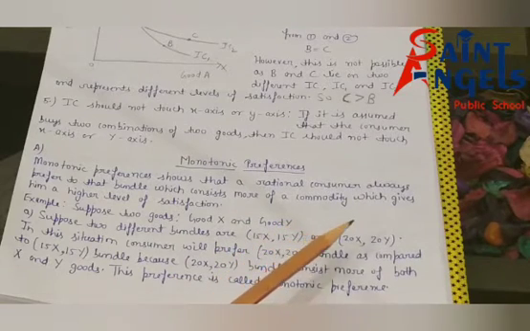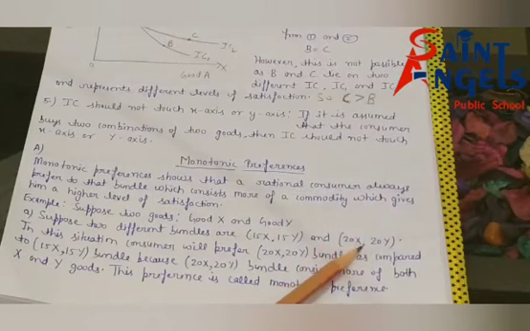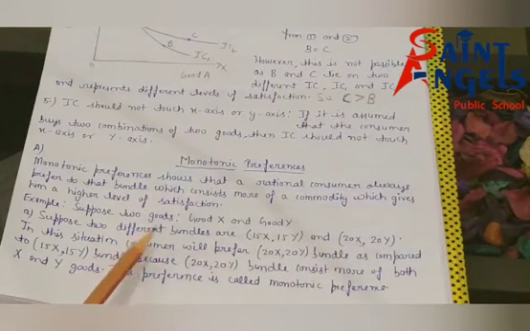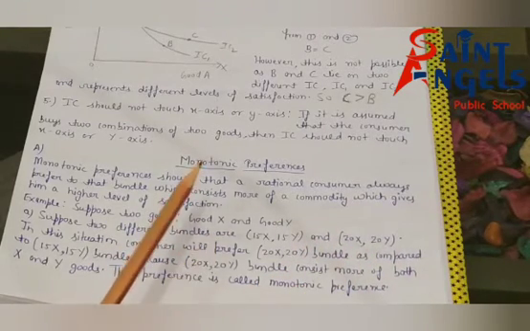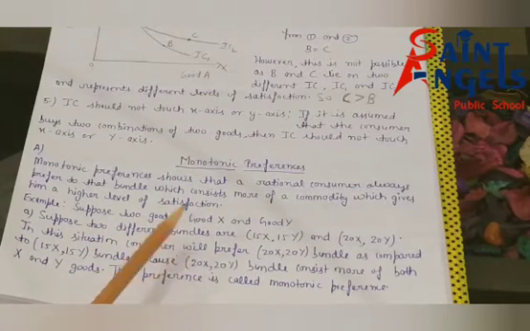That's why consumer will prefer the second bundle, because it consists more units of both goods. I hope this numerical example is clear.